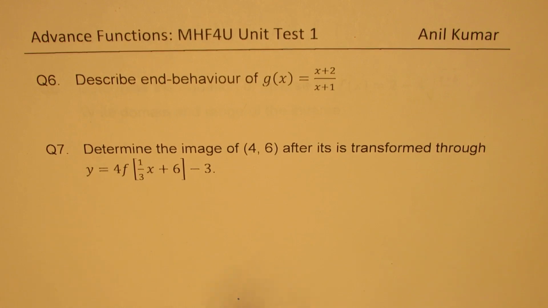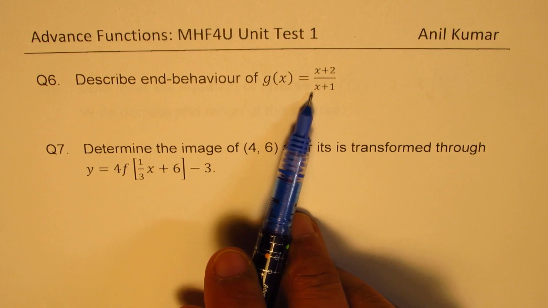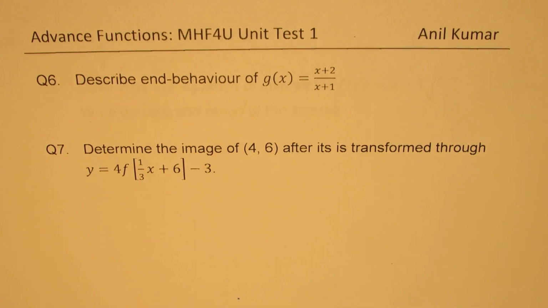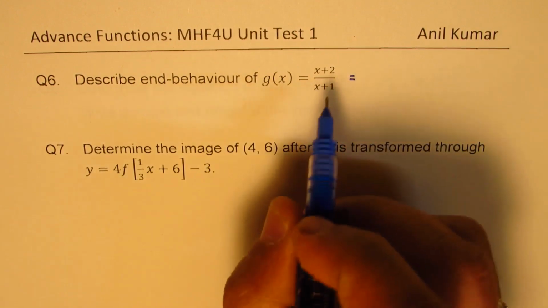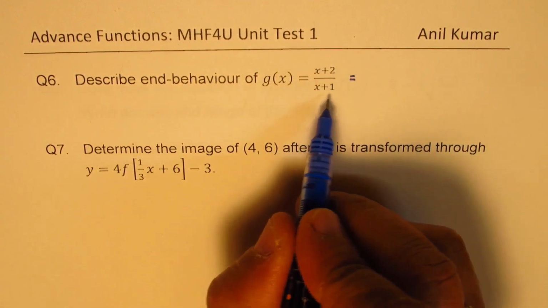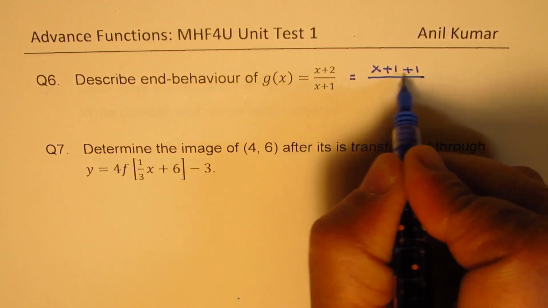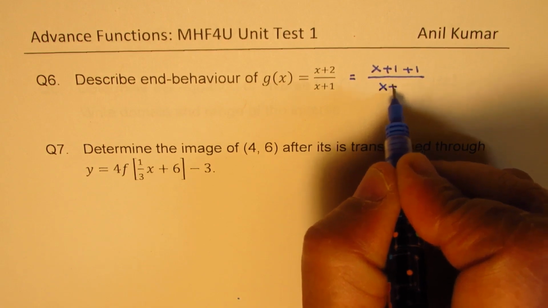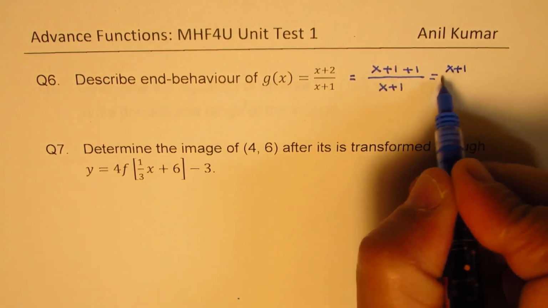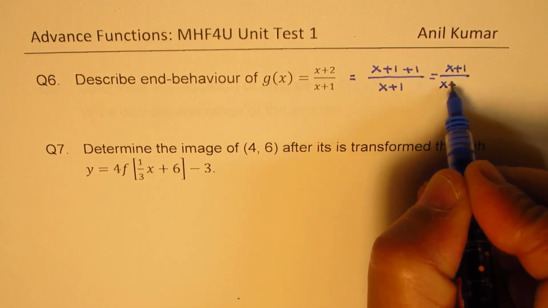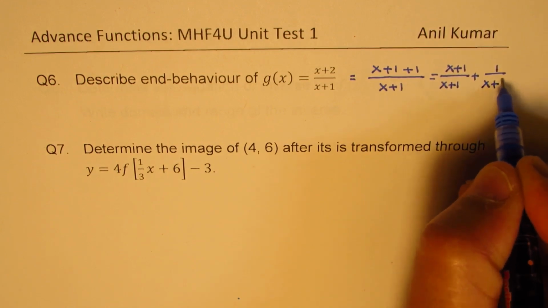Question number 6. Describe the end behavior of g of x equals (x plus 2) over (x plus 1). Well, sometimes we can rewrite this function to see the end behavior. See how we can do it. (x plus 2) over (x plus 1), I could write this as (x plus 1) plus 1 over (x plus 1), that is equal to (x plus 1) over (x plus 1) plus 1 over (x plus 1), correct?